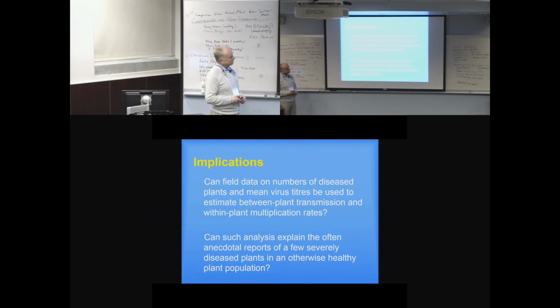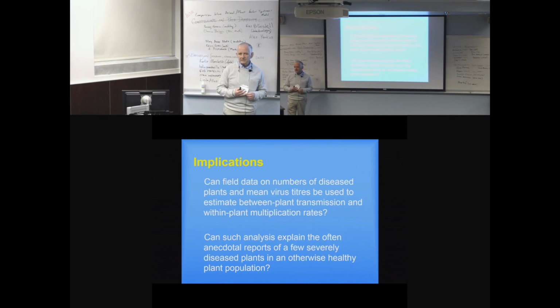But we ask the question, well, if you can collect field data on numbers of diseased plants and the mean virus titer in those plants, can you then make estimates of what the between-plant transmission would have been and what the within-plant multiplication rates are? The reason we wanted to do this is that often in the grey literature or reports of one form or another, you get reports of very few occasional diseased plants, heavily diseased.